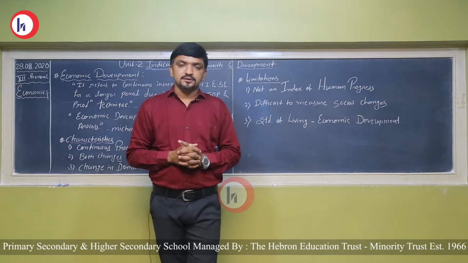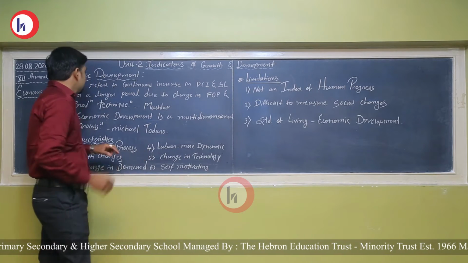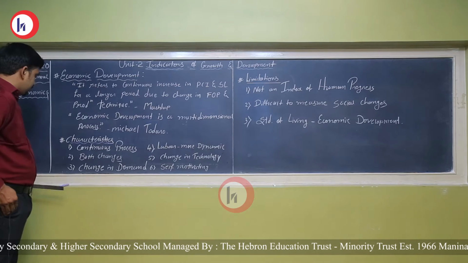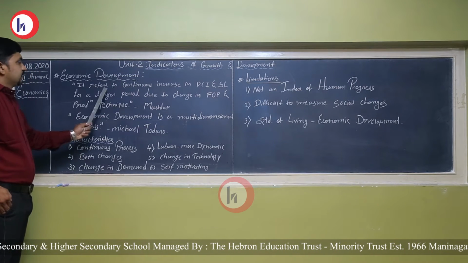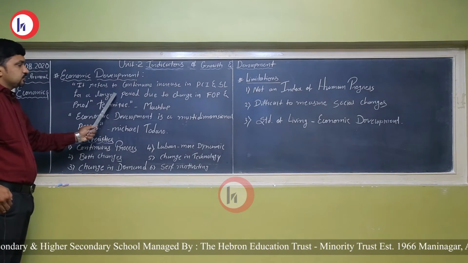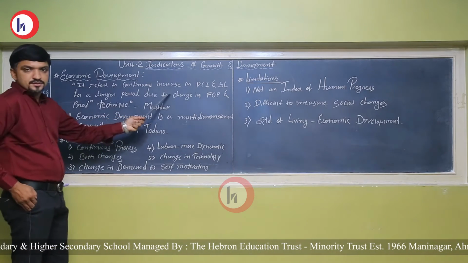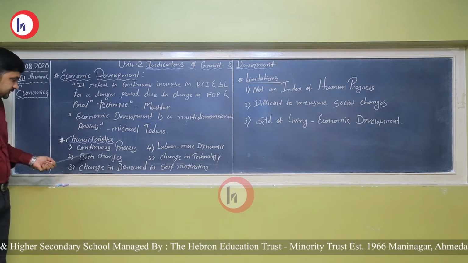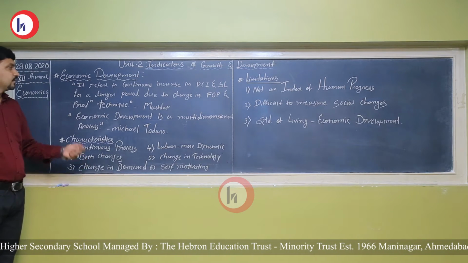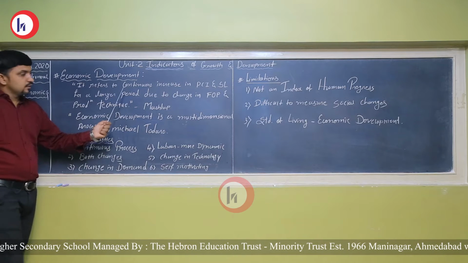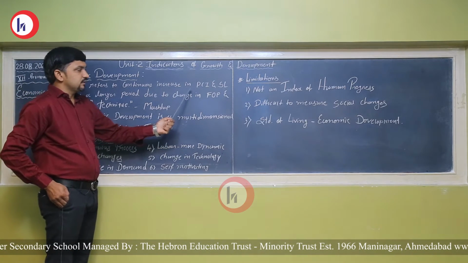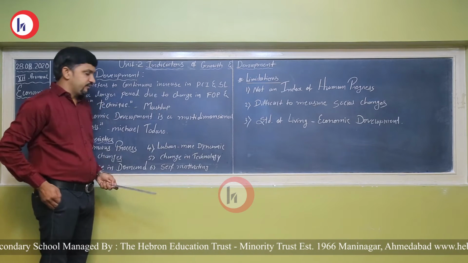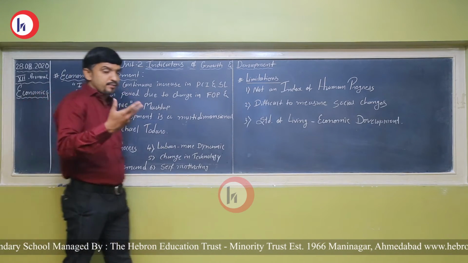So let us start the definition given by him, that economic development refers to what? Continuous increase. Now see, here the word is continuous and the first characteristic is continuous process. It refers to continuous increase in per capita income and standard of living. Now keep these words in mind.